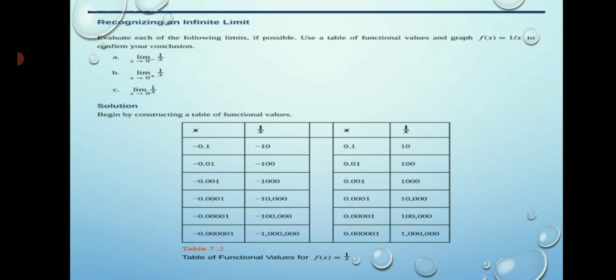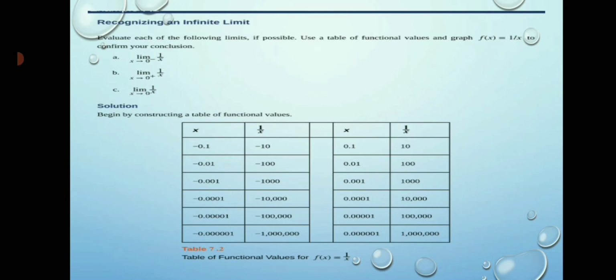Next, recognizing an infinite limit. Evaluate each of the following limits if possible. Use a table of functional values and graph f of x equals 1 over x to confirm your conclusion.